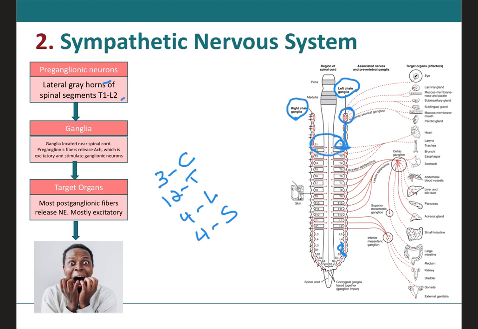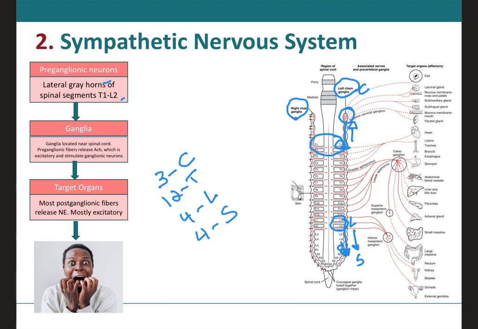And the ones for the sacral region are actually leaving from the lumbar region. So they go through ascending or descending connections. Ascending are the ones going from the thorax region to the cervical region, and the descending connection goes from the lumbar region to the sacral region. But they will all be part of the sympathetic nervous system.